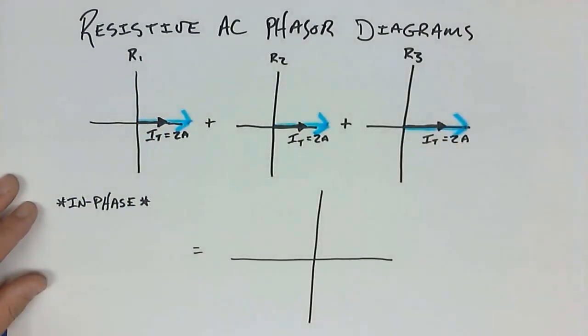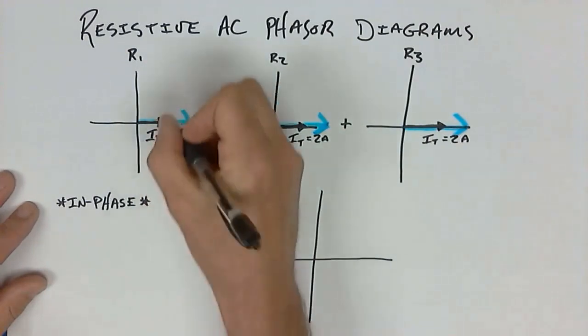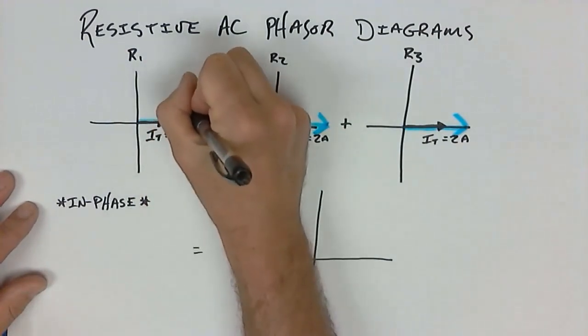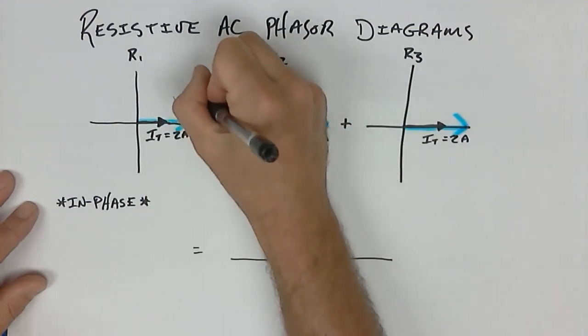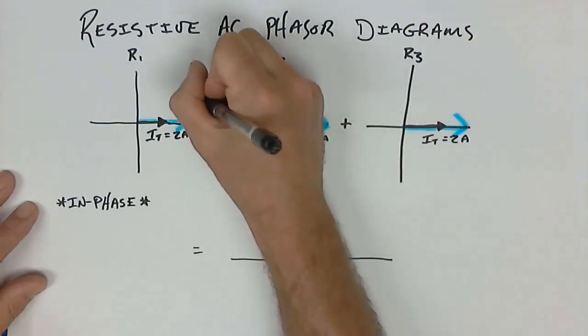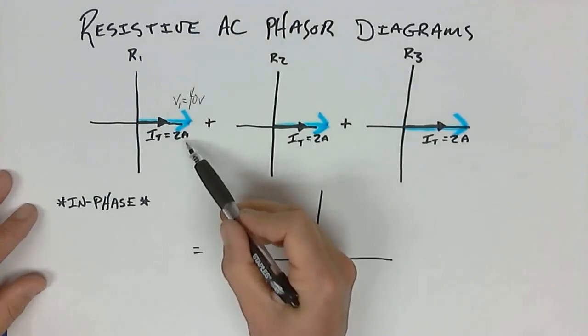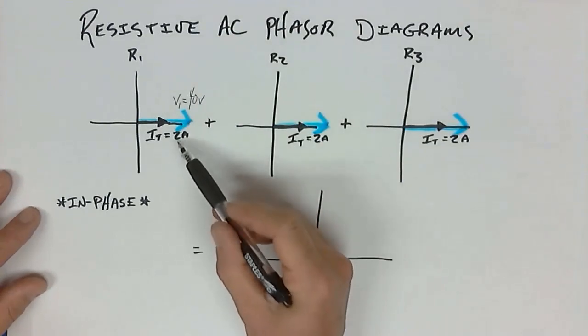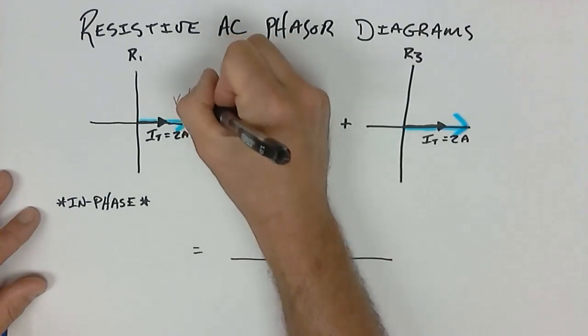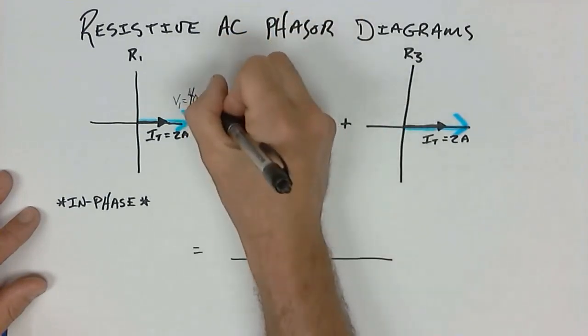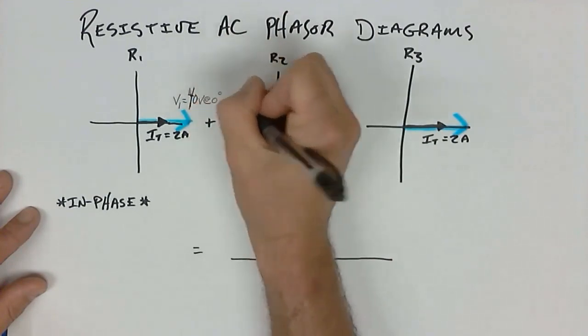It's going to overlap. And so what I have here is V1, how many volts did we calculate? 40 volts, and we know that it needs to have an angle as well, at 0 degrees.